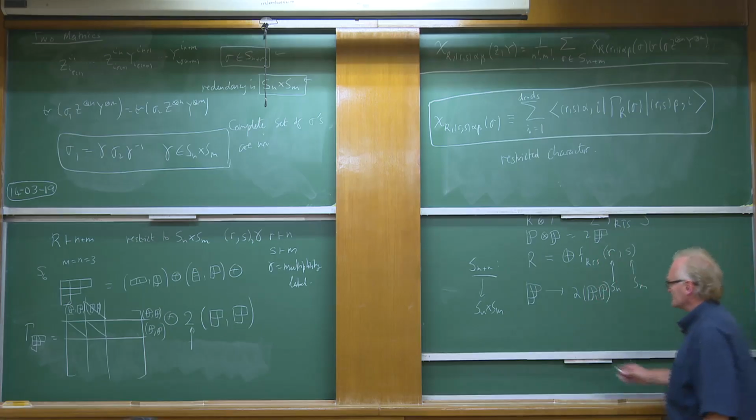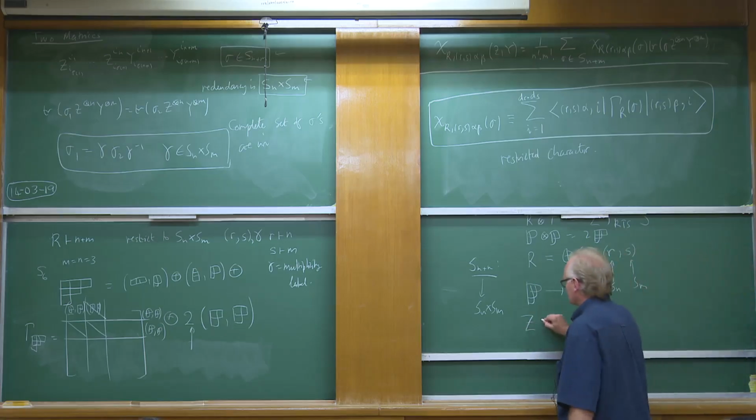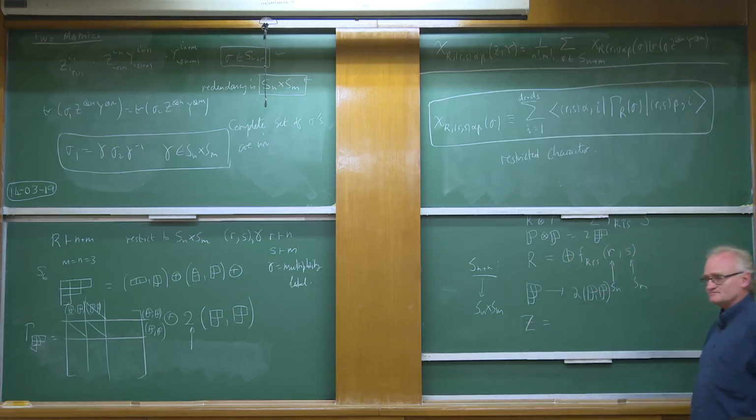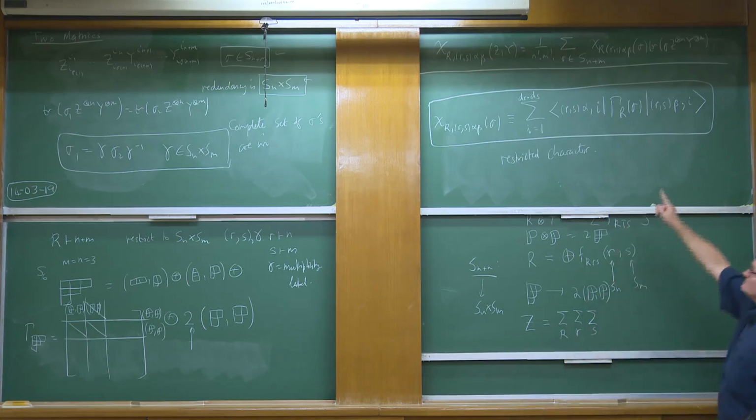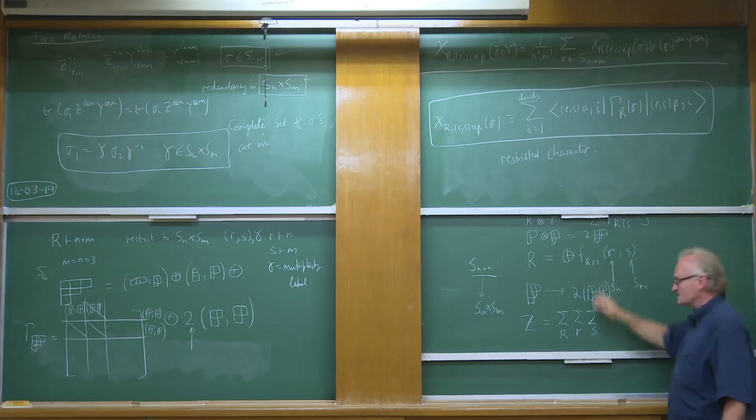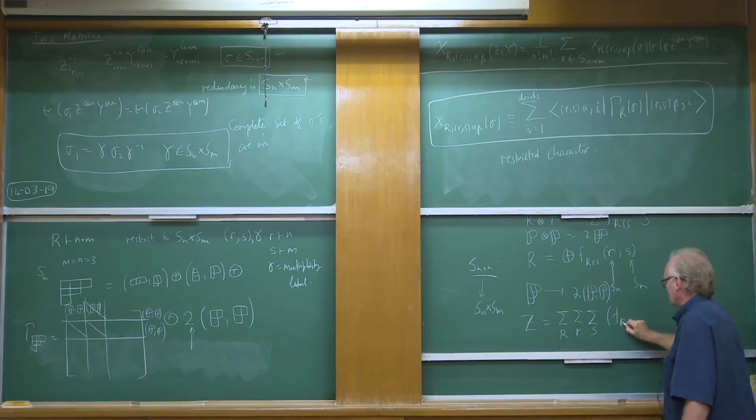Okay, so now, if you wanted to count these, how many operators are there? Well, you would have to sum over all of those labels. So we would have a sum over R, a sum over S, and then we would have the multiplicity label, but we know what each multiplicity label runs over. It'll run over FRRS. So we would get an FRRS squared.